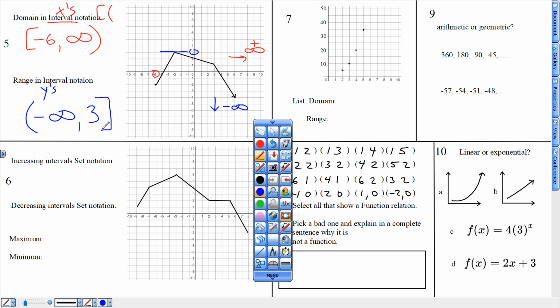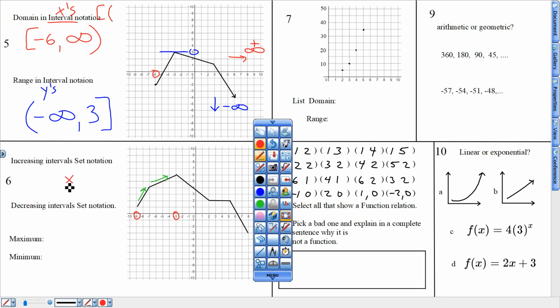All right, for this guy, increasing intervals, we would like you just to write this as one increasing interval because each of those stretches is increasing. Even though this is increasing steeper than this, they're all increasing. And again, I look at these numbers on the x-axis. I use that and write that x in the middle.